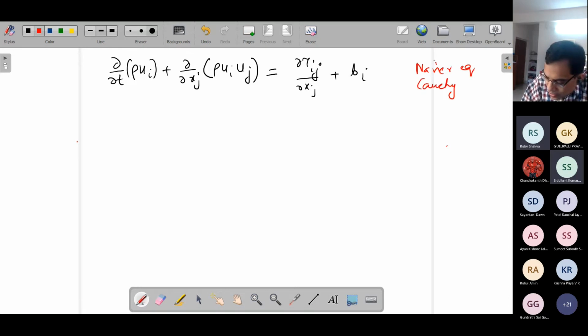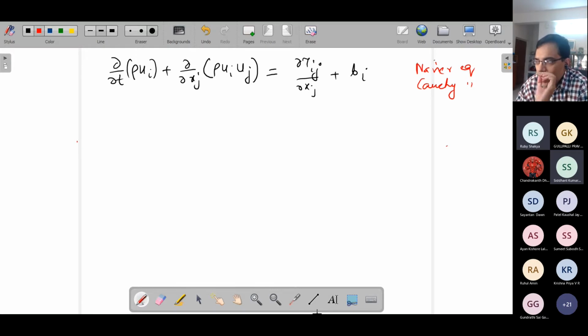You can well understand that there was a lot of contribution by the famous mathematicians Navier and Cauchy to arrive at this equation, and therefore this is recognized by giving the name of the equation in terms of those exceptional mathematicians.